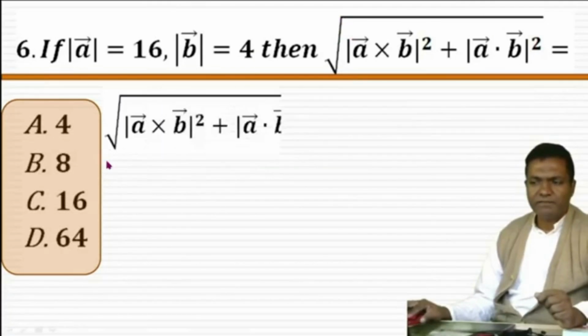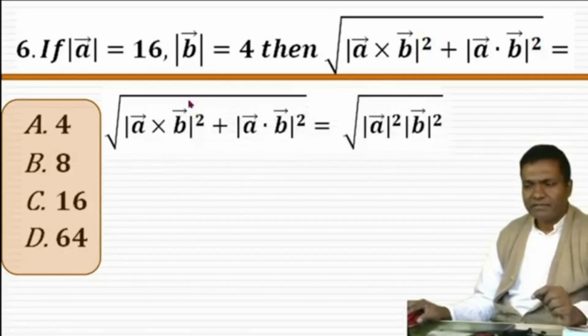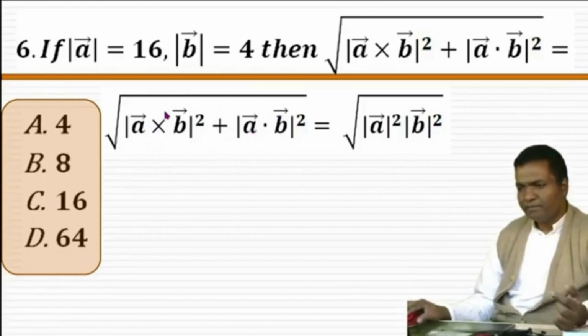Options are here, and as I mentioned earlier, the value of this is equal to magnitude of A square into magnitude of B square. Okay, so that I proved in the last problem.